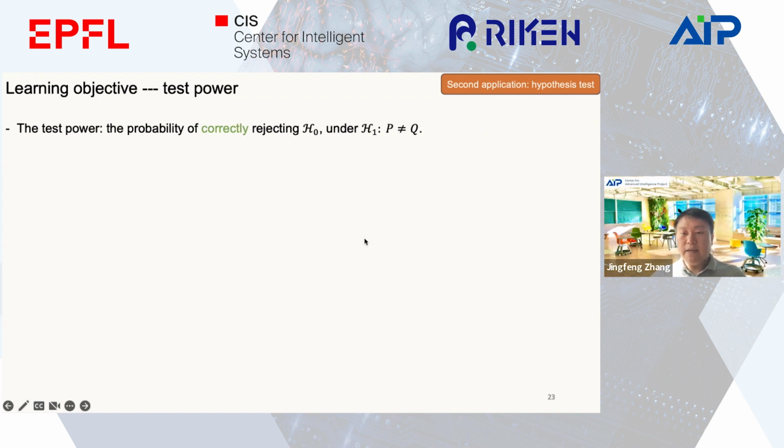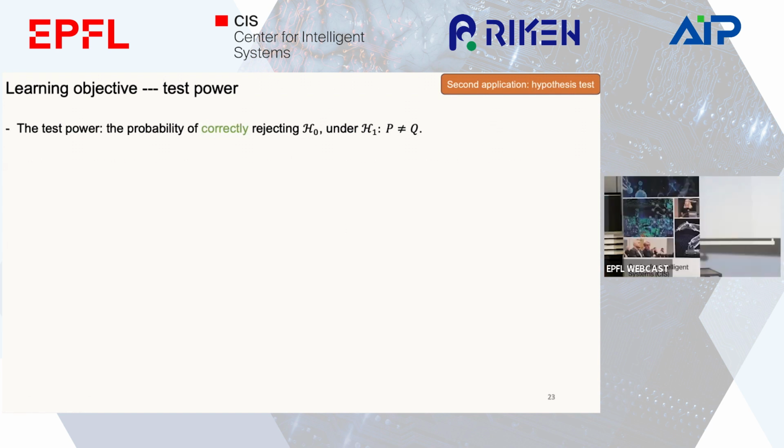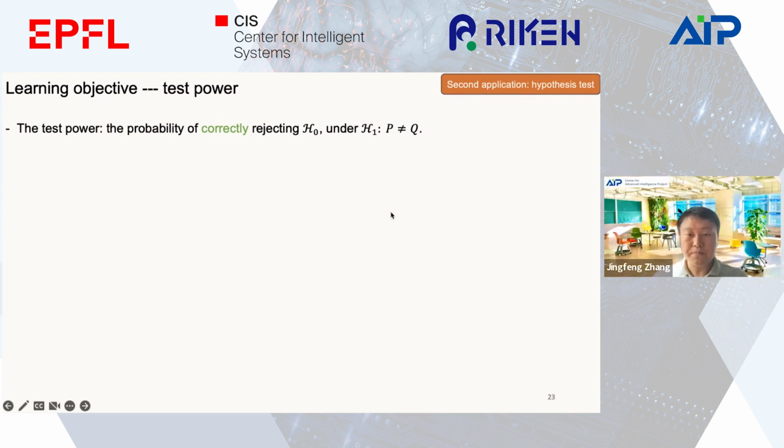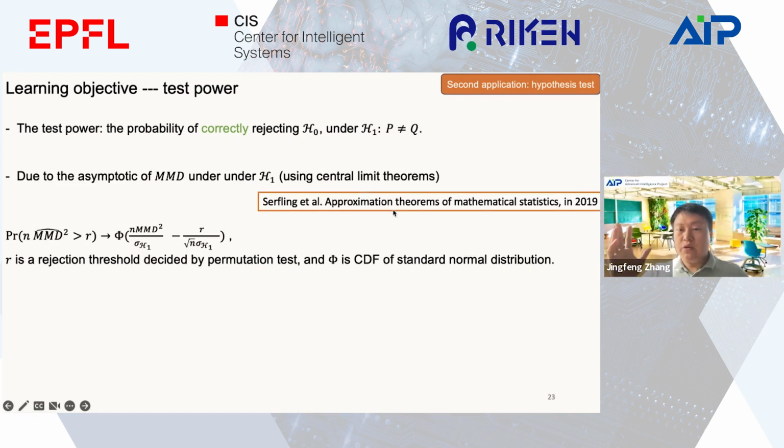The learning objective is the test power. The test power is the probability of rejecting the null hypothesis when the alternative hypothesis is true. Due to the asymptotics of MMD under the alternative hypothesis, we use the central limit theorem. r is the rejection threshold decided by the permutation test. Big Phi is the CDF of the standard normal distribution.